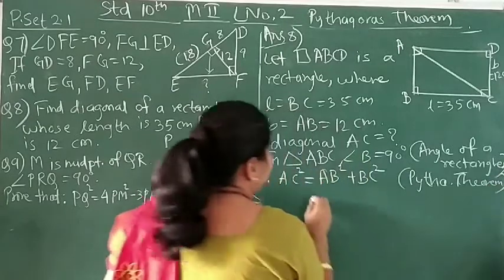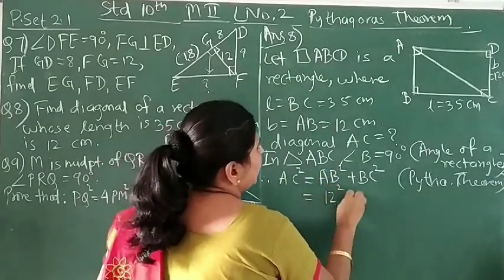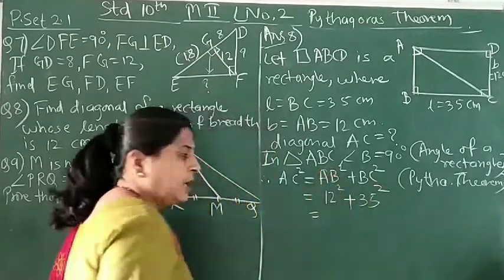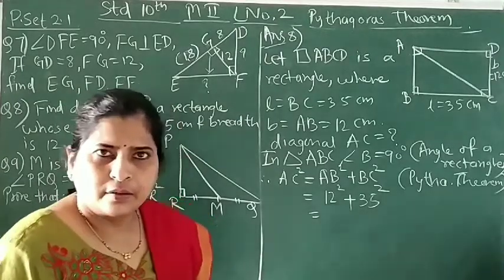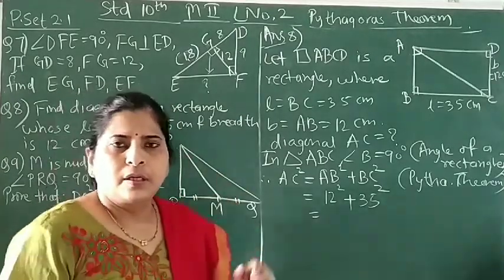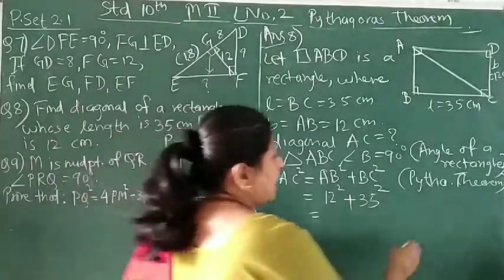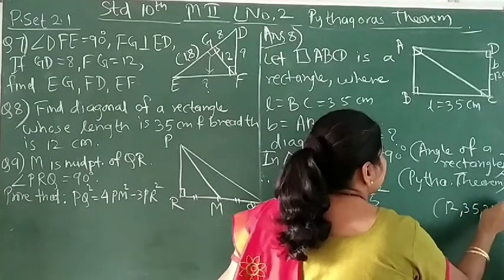Now substitute the values which we know. AB is 12 square plus BC is 35 square. If you remember, I gave you a triplet in the first video of this lesson, Pythagoras theorem, Pythagorean triplet. 12, 35 and 37 is a Pythagorean triplet.